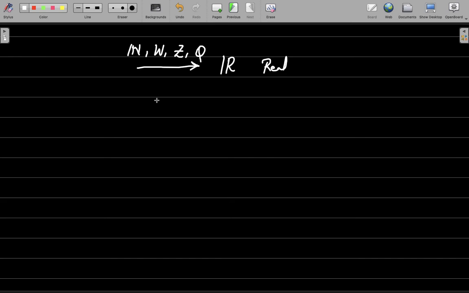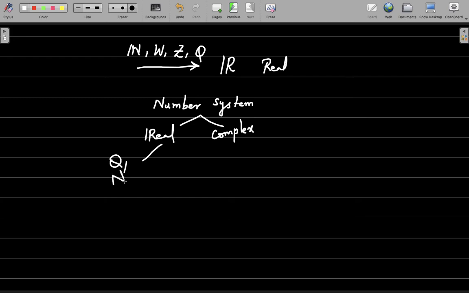So if I have to divide the number system, which is the study of these numbers, I represent them in two categories. One is the real number system and the other is complex numbers. Again, in real numbers, we have all numbers, like rational numbers, natural numbers, whole numbers, integers together as one set, and irrational numbers.